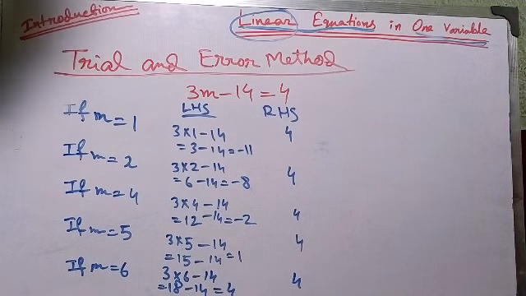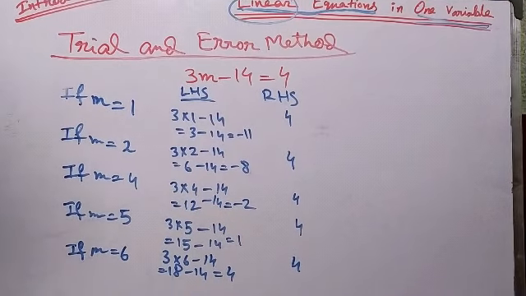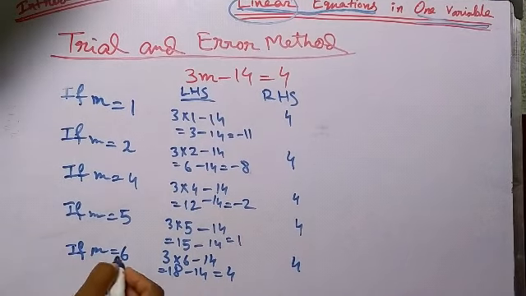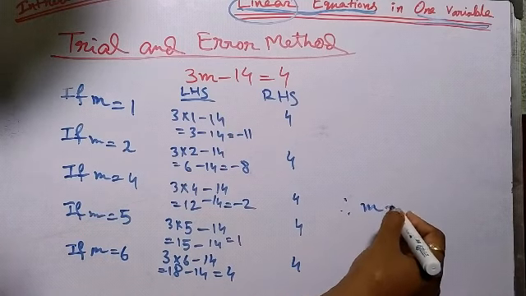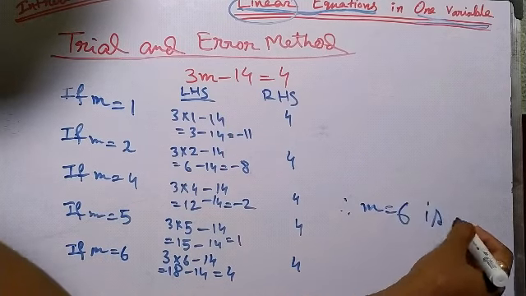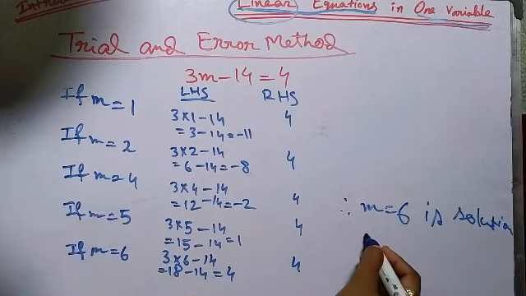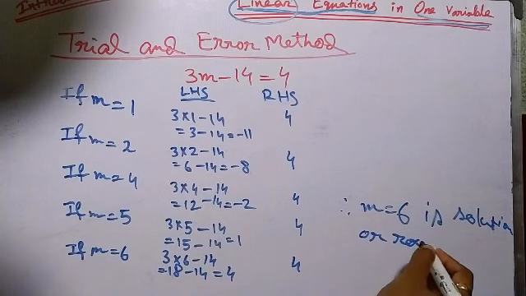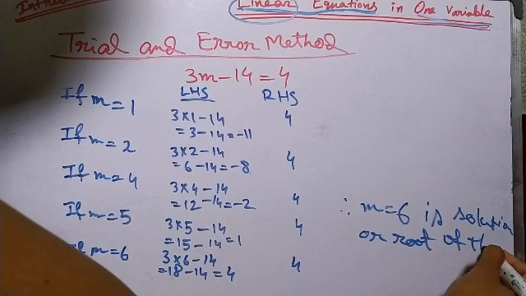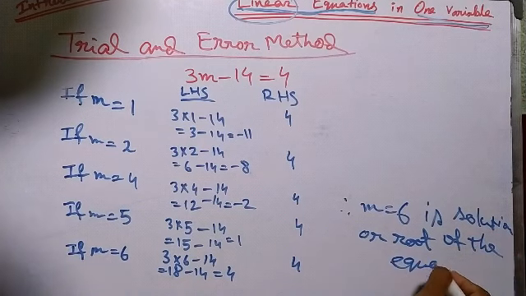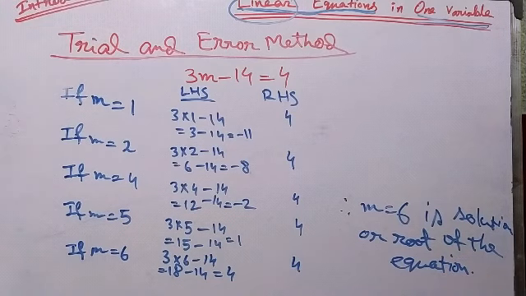And here the RHS is 4 also. So we can say that m equal to 6 is the solution or root of the equation. So this is the trial and error method. This is the process.